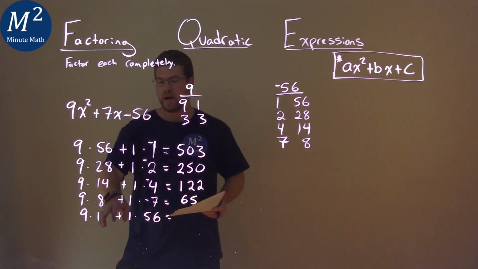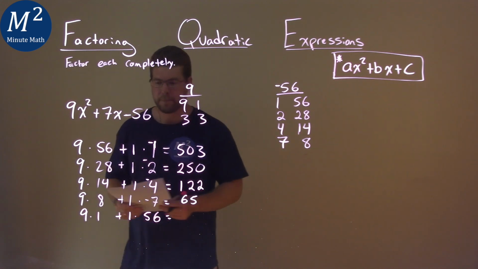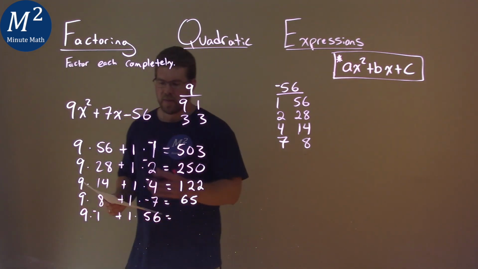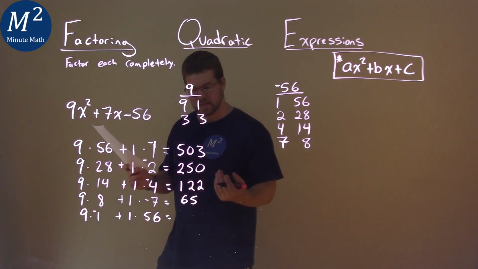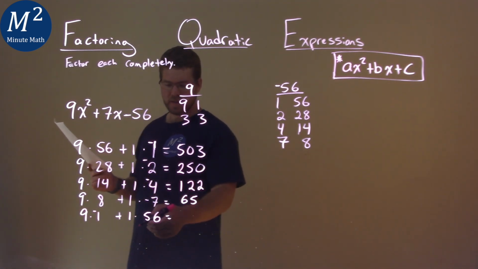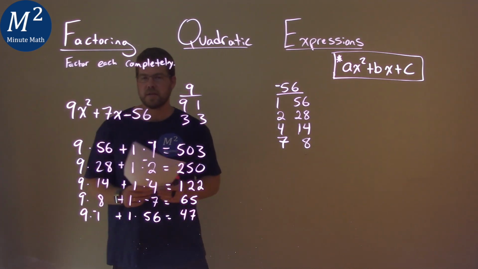Well, clearly the 9 times the 1 is the lesser of the two values, right? Paired up. So I put a negative here, and then 9 times negative 1 plus 1 times 56. What does that come out to be? Positive 47.